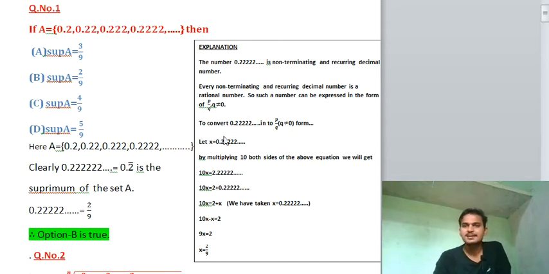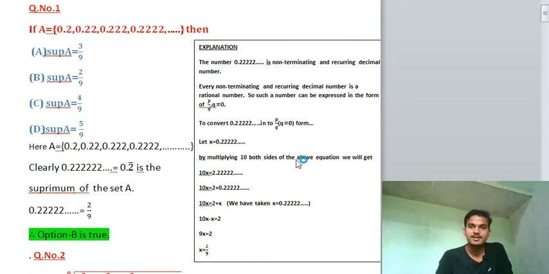You can see the class 9 NCERT book or class 9 ODI medium book or class 9 RD Sharma book, and there it is given how a non-terminating and recurring decimal number can be converted into p by q form where q is not equal to 0. So this is 0.222222 dot dot dot.